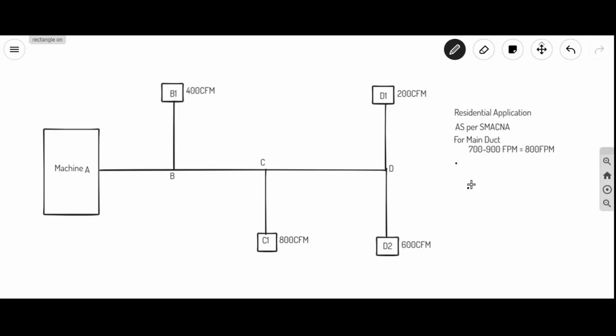For the branch duct, we go with 600 FPM.